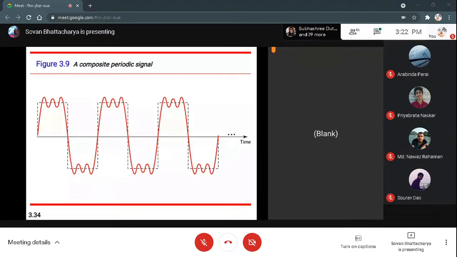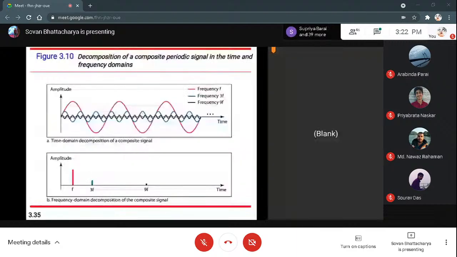Next is the grain, so there are 3 times, and that is 9 by 8 frequency. If the frequency is increased and the time period is the same, then the amplitude will be different. Amplitude will be increased.